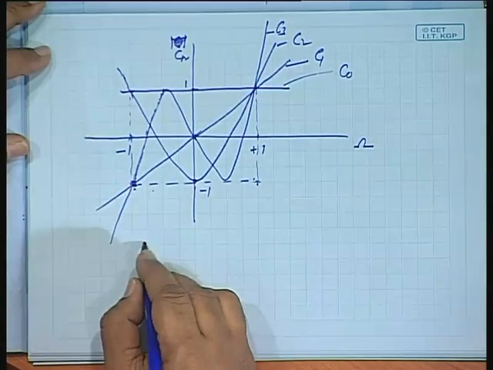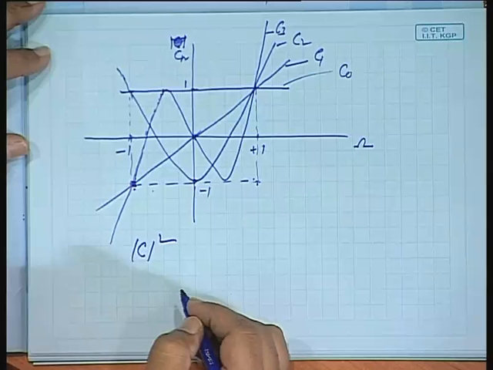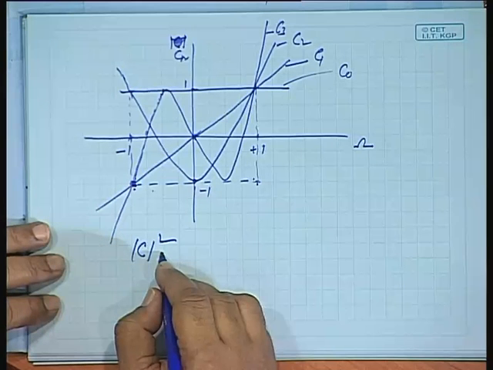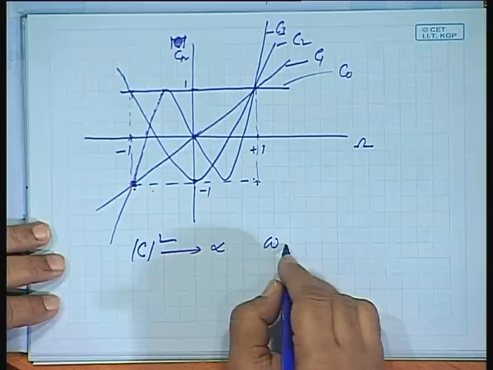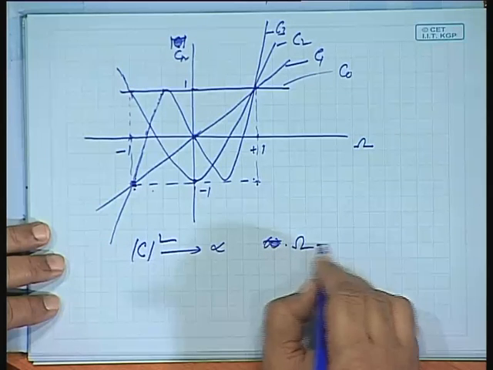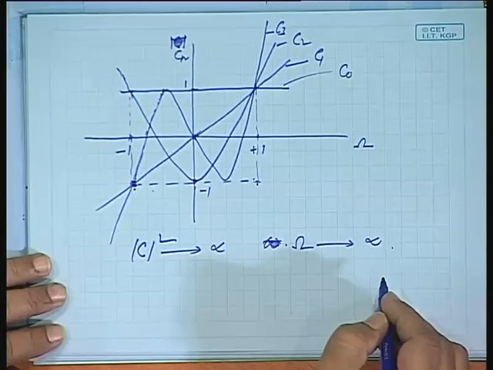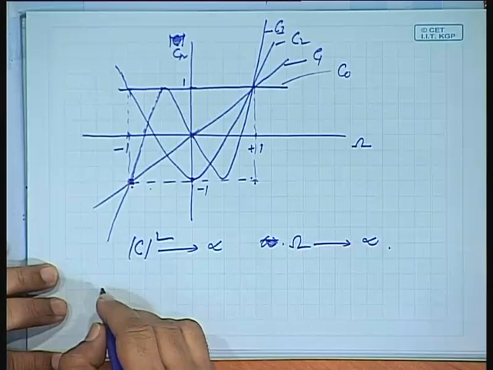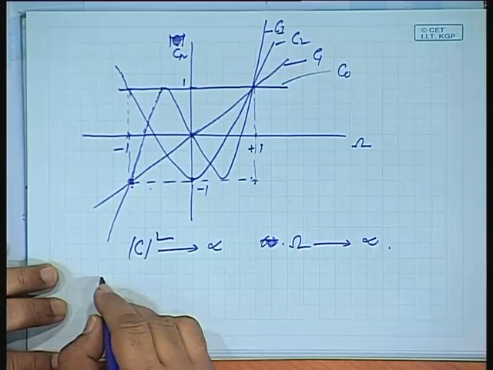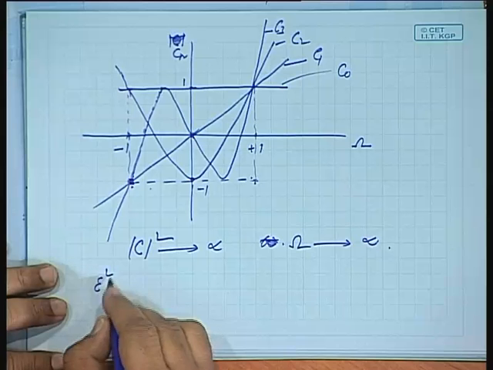That means, if I take c squared, the magnitude will tend to infinity as omega tends to infinity. Now, let us see a function which is epsilon square c squared.